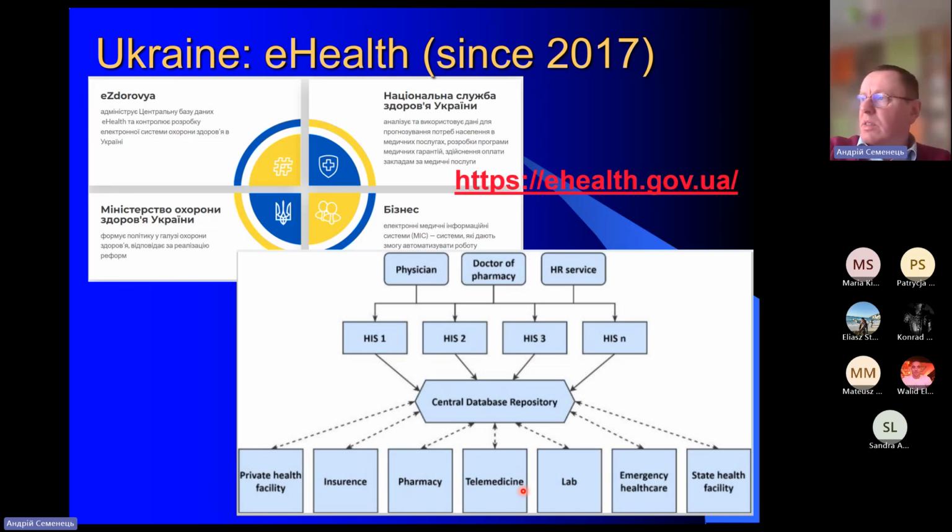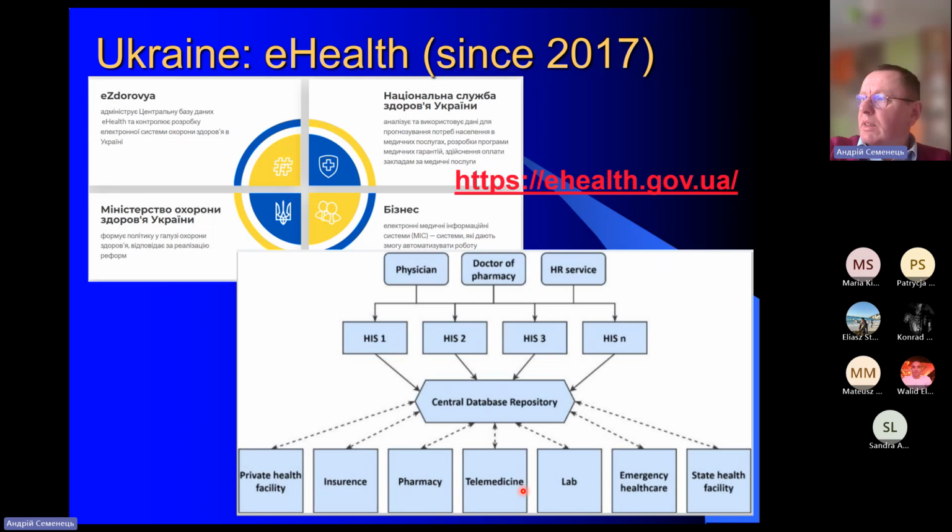Then, since 2020, it has been enforced for larger hospitals, second level healthcare support, services support. But anyway, by now, even despite the war, we have full coverage for all facilities.